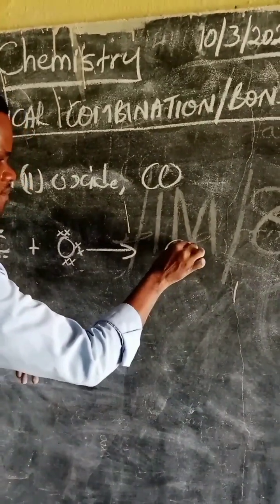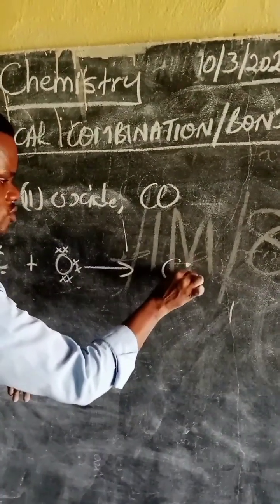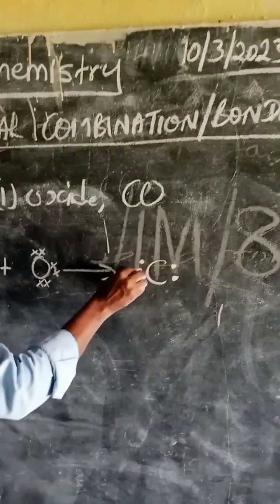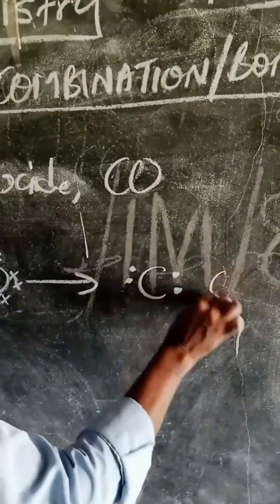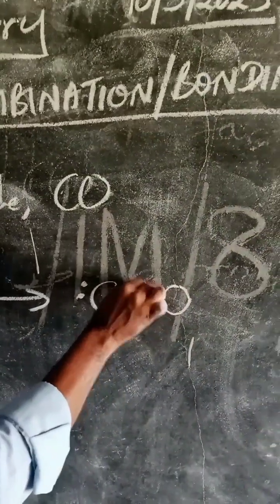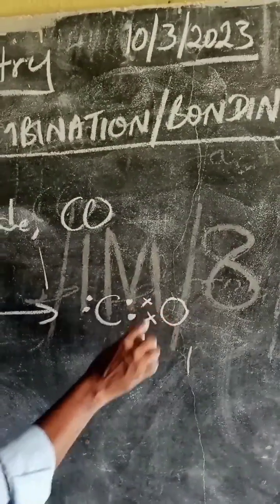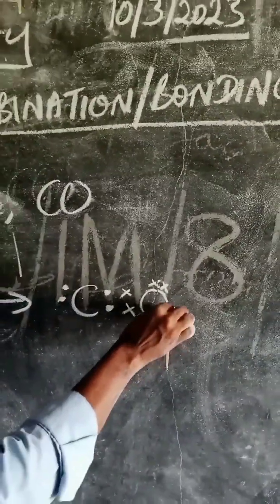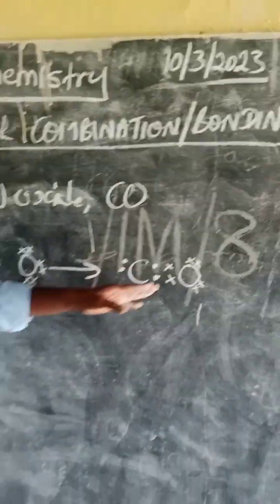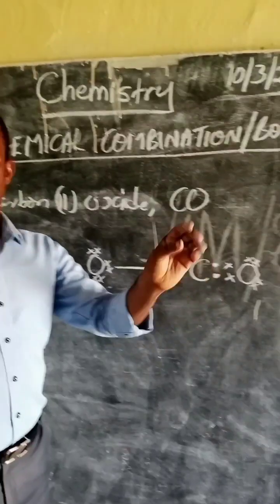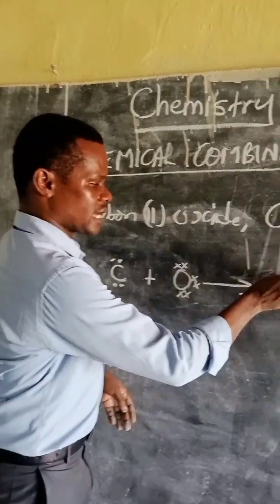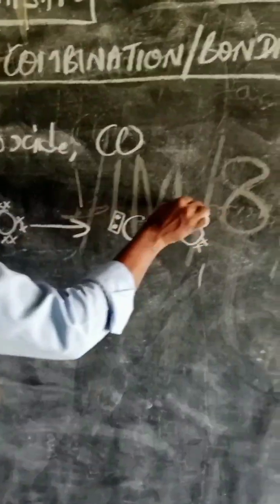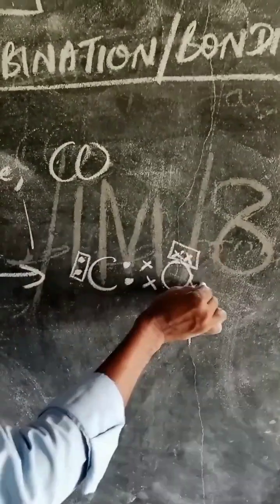This is my carbon. Here are the 2 electrons for sharing, while carbon still has its other 2 electrons left. This is the oxygen. Oxygen introduces its 2 electrons for sharing. This oxygen is still left with 4 electrons not used for bonding. Electrons that are not used for bonding are known as lone pairs of electrons. Here carbon has 1 lone pair, then the oxygen has 2 lone pairs.